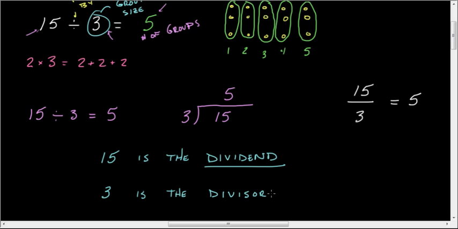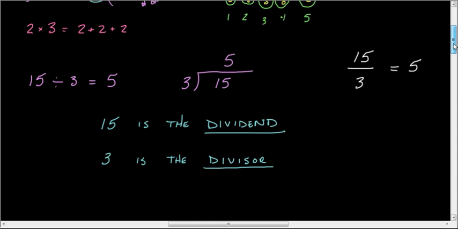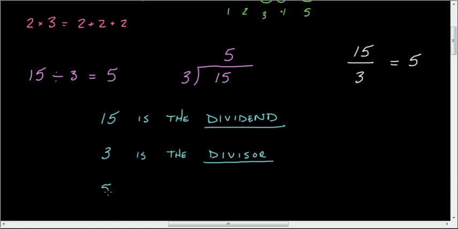That makes sense, because if you're working, you would be a worker, and so the divisor does the dividing. The final number, the number 5, is the answer. That's known as the quotient.